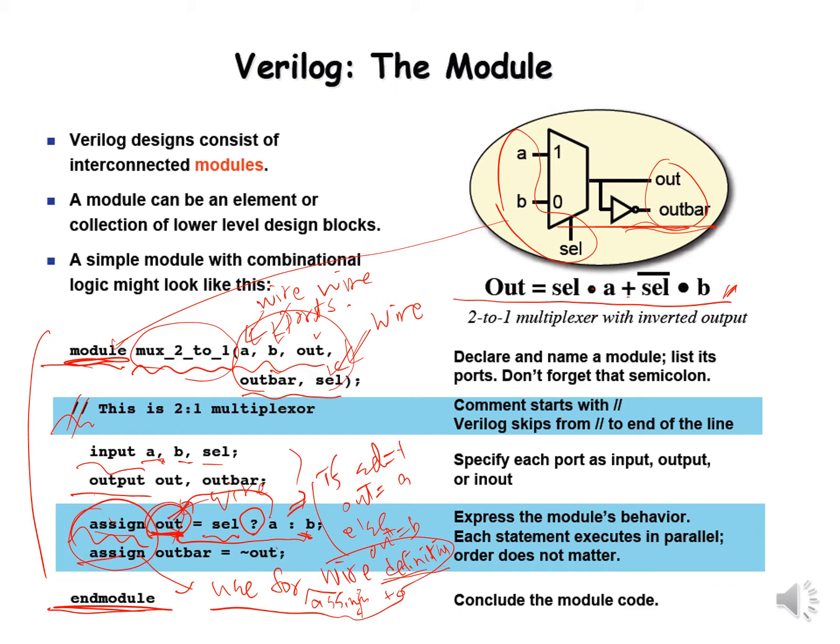Another assign statement: out bar is assigned the out with a tilde. Tilde means inversion, so the inversion of the output is assigned to out bar. This is the end of the description for the 2-to-1 multiplexer.